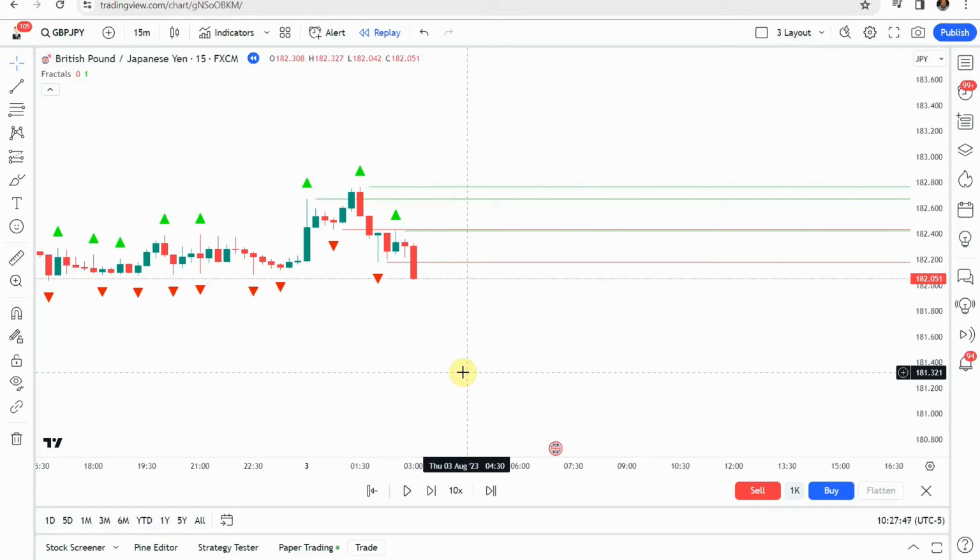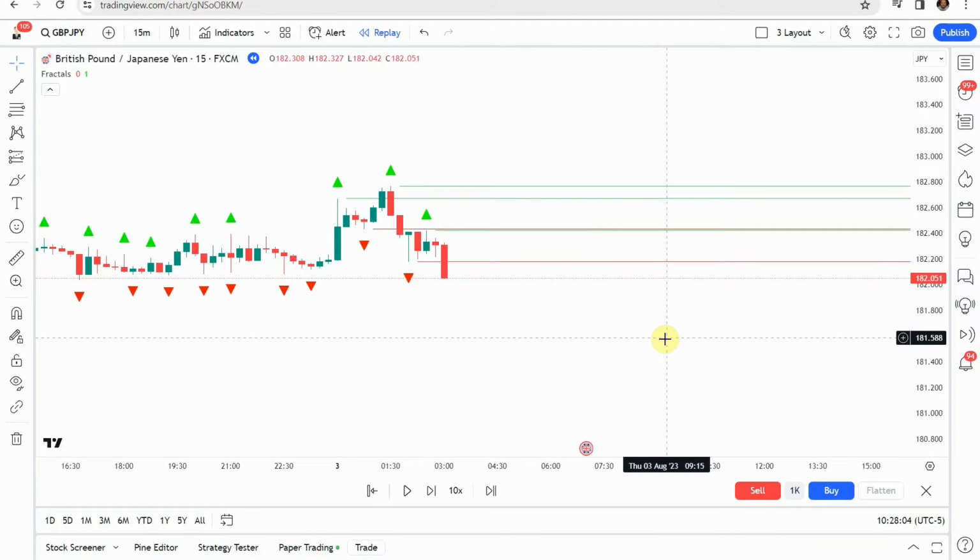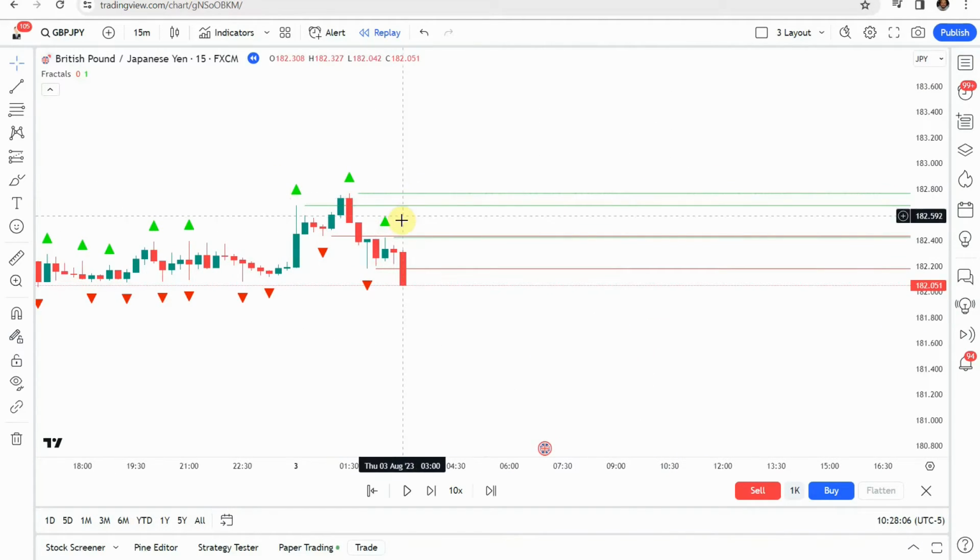And so we'll go over the indicator and the idea behind it. Basically it's taking the Williams fractal, and every time a Williams fractal is established, it's then giving this line right here that is projecting out into the future, the green lines and the red lines. So basically you have support and resistance created by these lines.